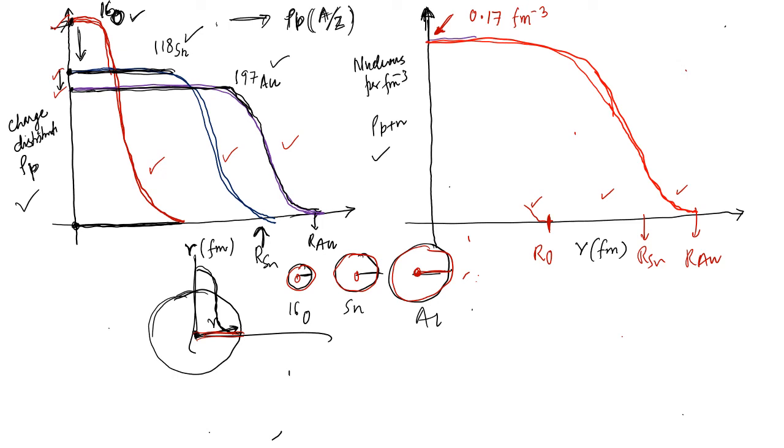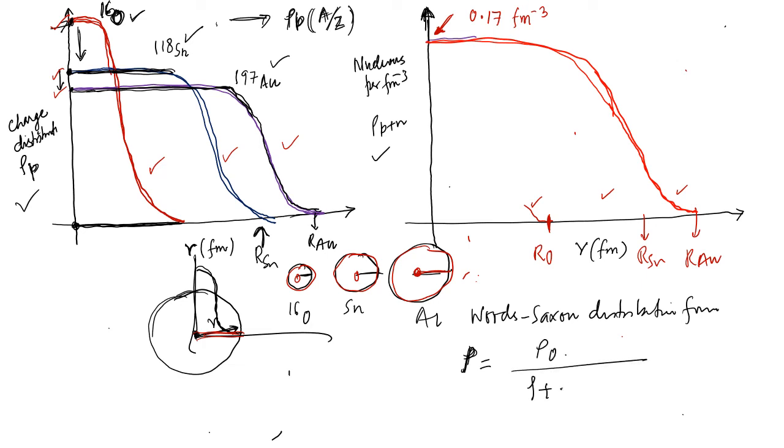So this is the Woods-Saxon distribution function, which is given as rho equal to rho naught divided by 1 plus exponential of r minus R divided by a.